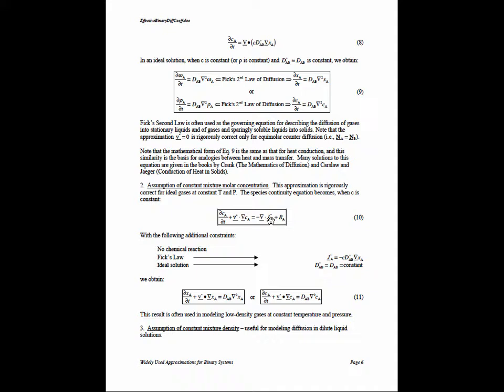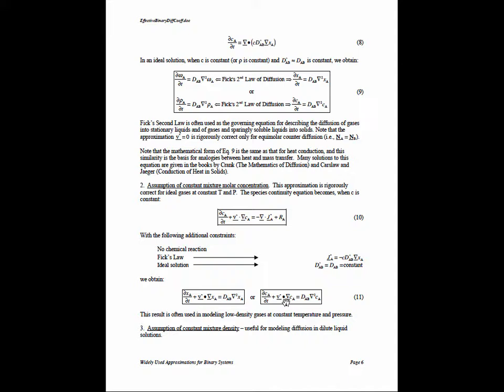A bit more general version of mass transfer is one in which you do have convective velocity, in the absence of chemical reaction, and where you only have concentration-driven transport. For an ideal solution, you get the so-called convection diffusion equation.